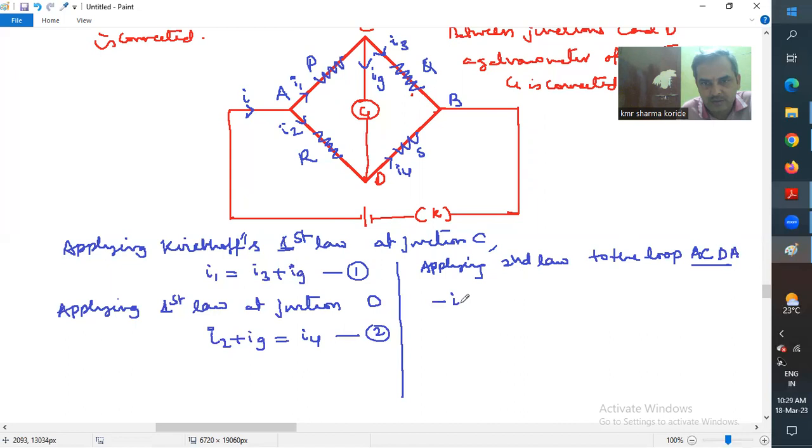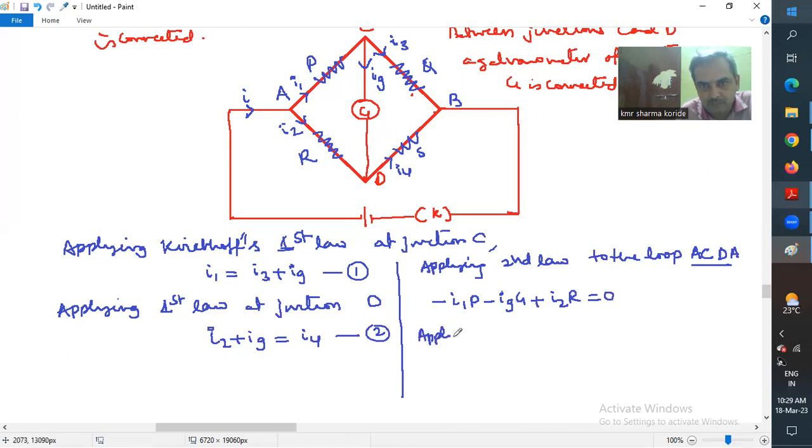So that is why the potential difference between A and B can be represented as minus I1P, because potential drop is negative when you move in the direction of current, minus IgG. Even between C and D also you are moving in the direction of current, so therefore negative potential drop. But between D and A, you are moving against I2, so therefore corresponding potential difference is positive with R. So this is equal to 0.